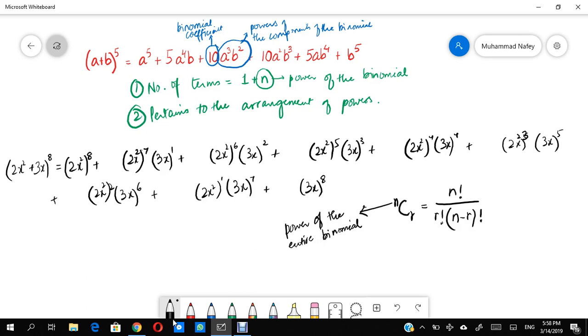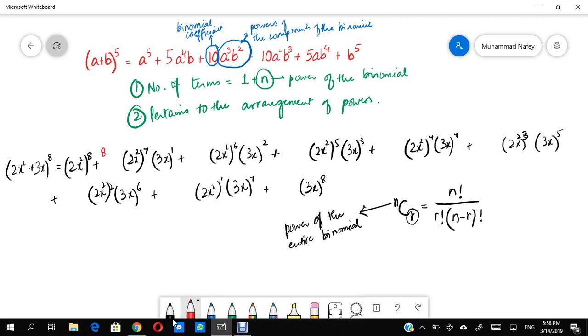And before we move on to R, there's another observation that we made in the last video, and that is that the coefficient of the first component of the binomial was always equal to 1. And therefore, we don't need to worry about that. The worry starts from the second term. And therefore, R will be given a value of 1 in the second term.